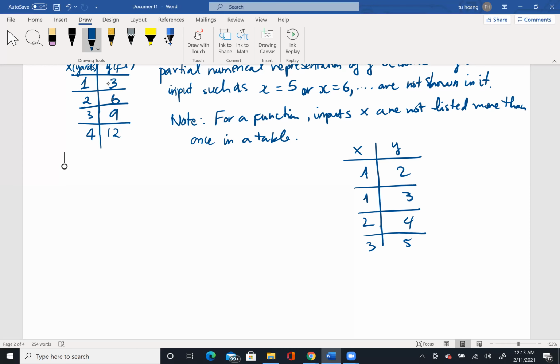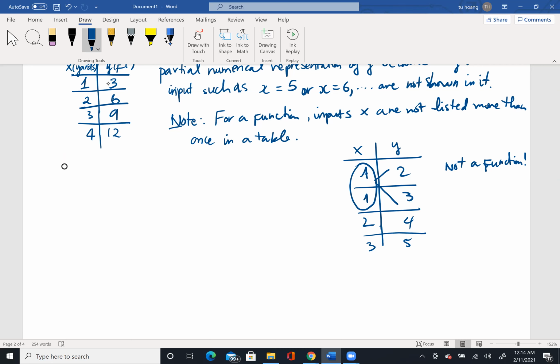You can see I have number 1, which is an input, giving me 2 values of output. So this is not a function. Okay, not a function.